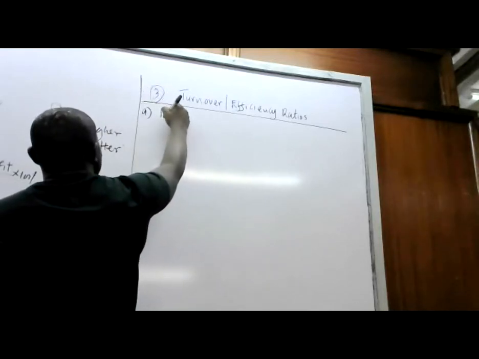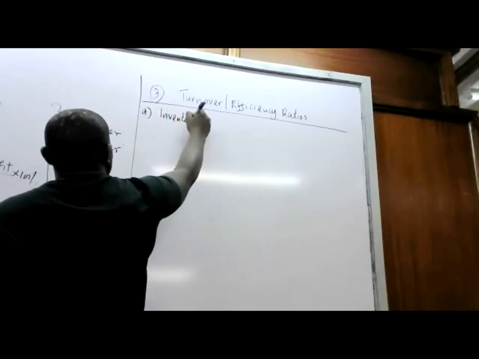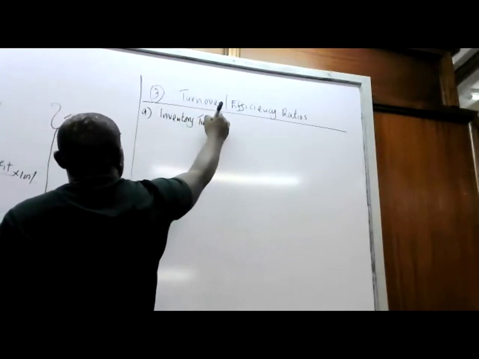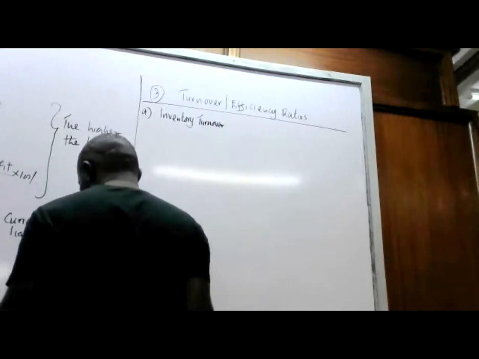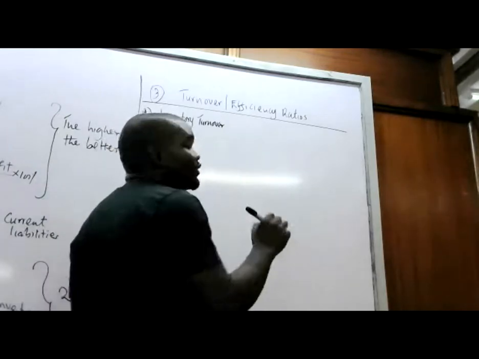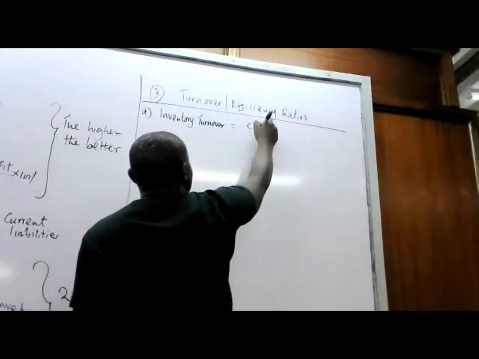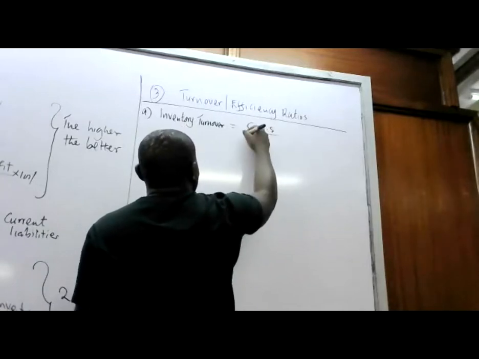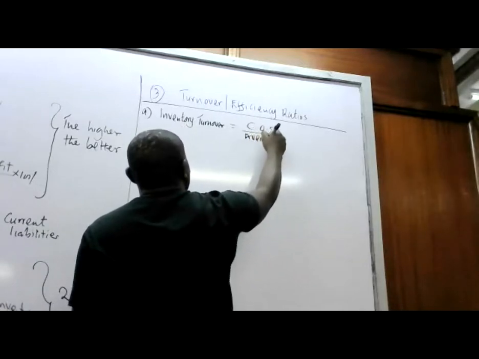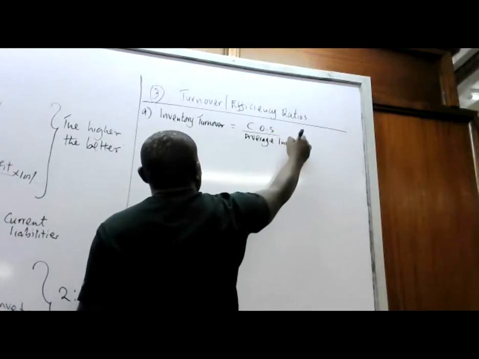Here there is inventory turnover. For inventory turnover, you take cost of sales and divide by average inventory.